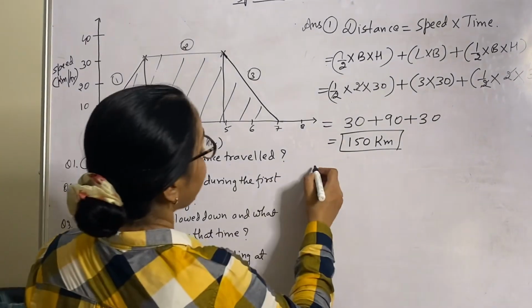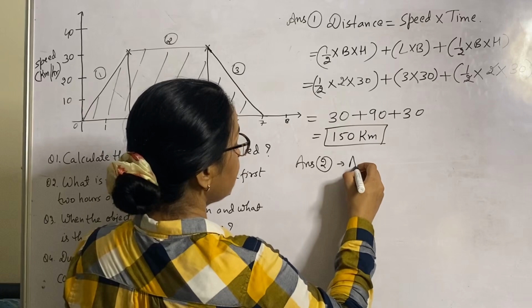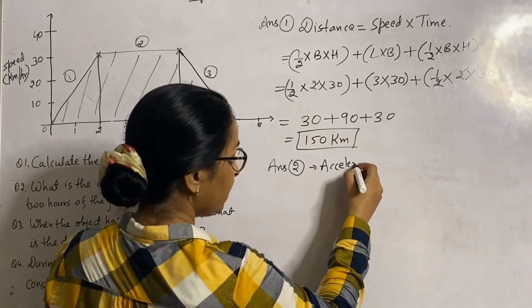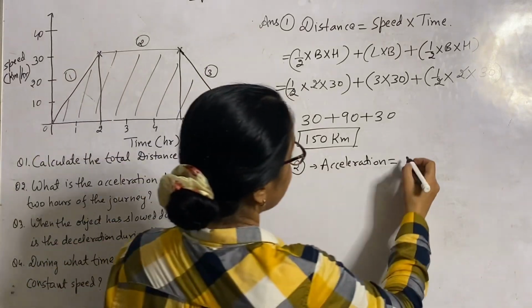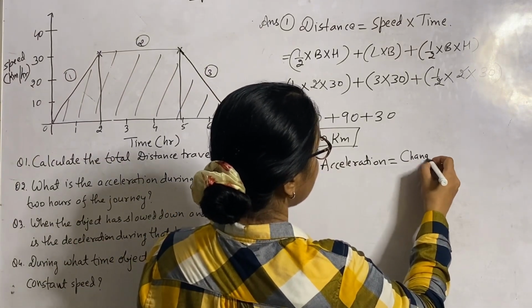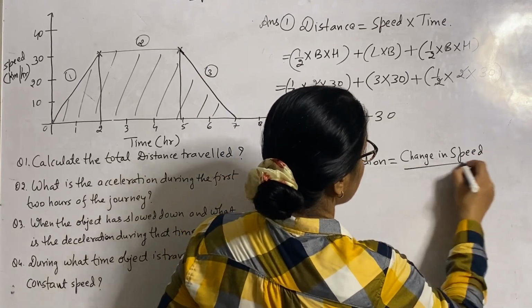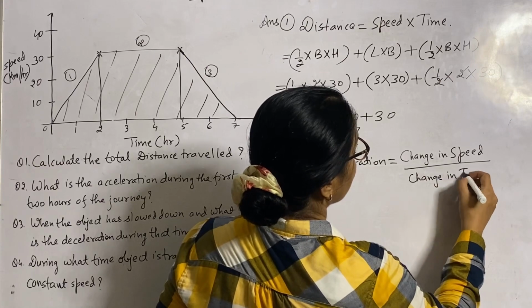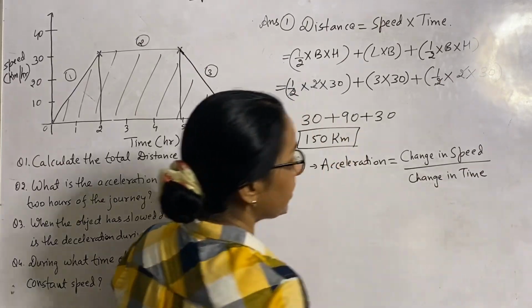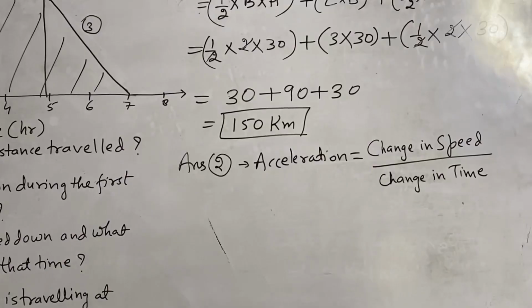Now acceleration is what? Acceleration is change in speed divided by change in time. This would give you acceleration, or you can say the rate of change of speed is acceleration.